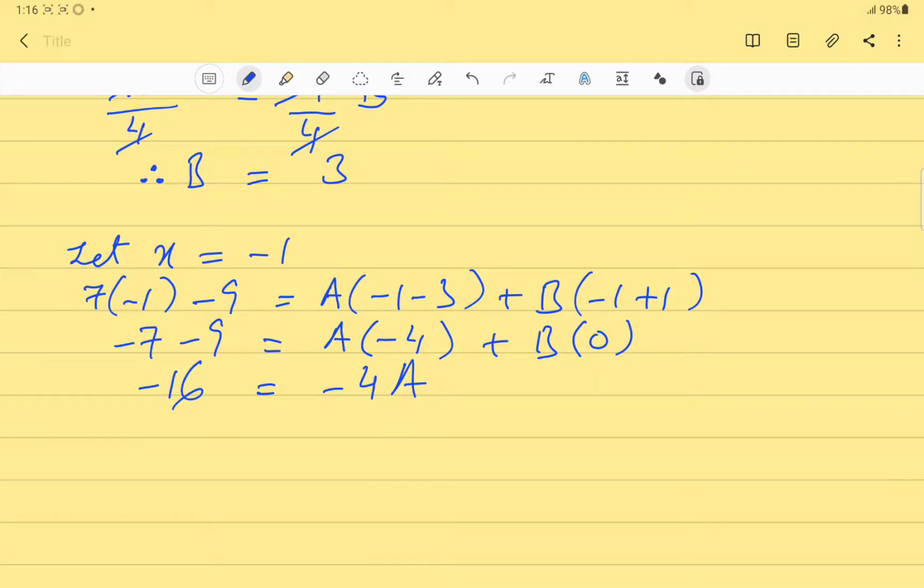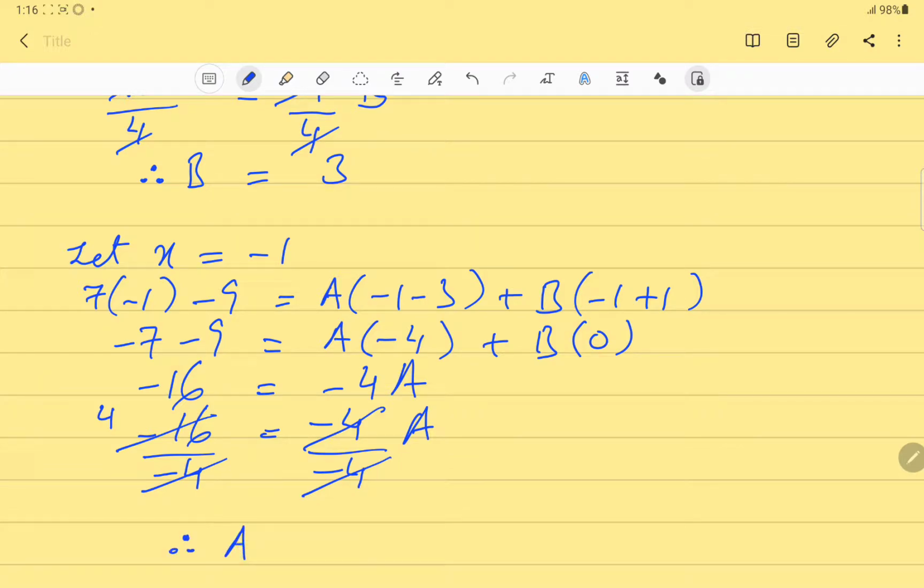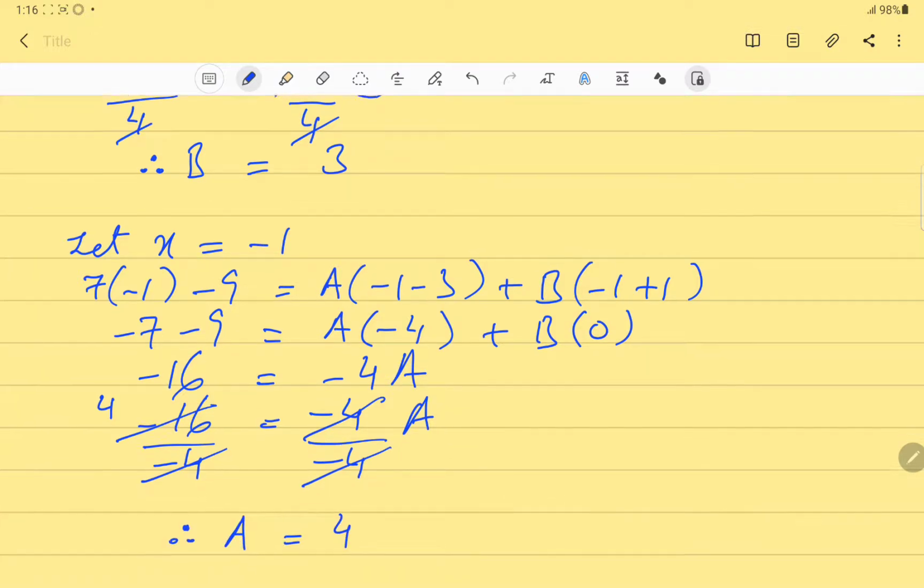Now we divide both sides by minus 4. Minus 4 cancels with minus 4, and minus 16 divided by minus 4 comes out to be 4. So a is equal to 4.